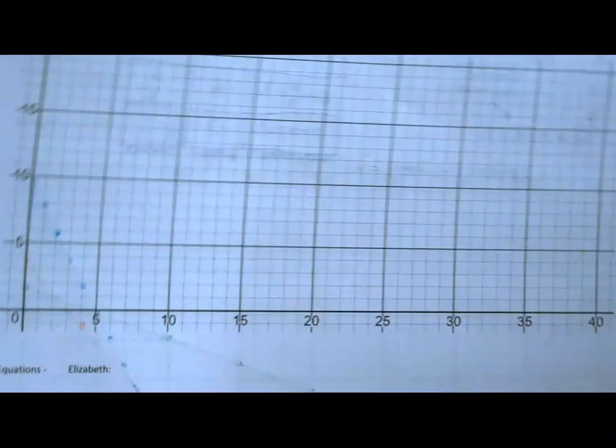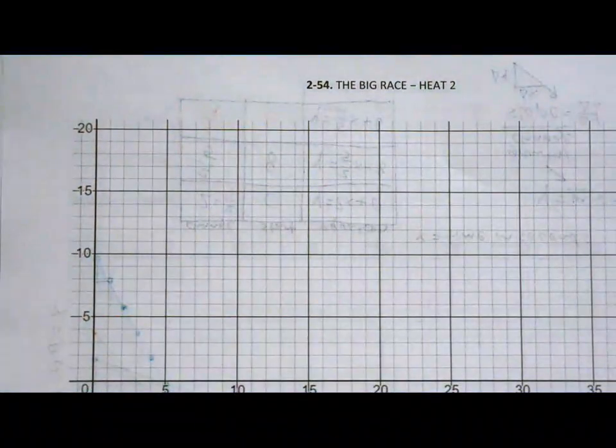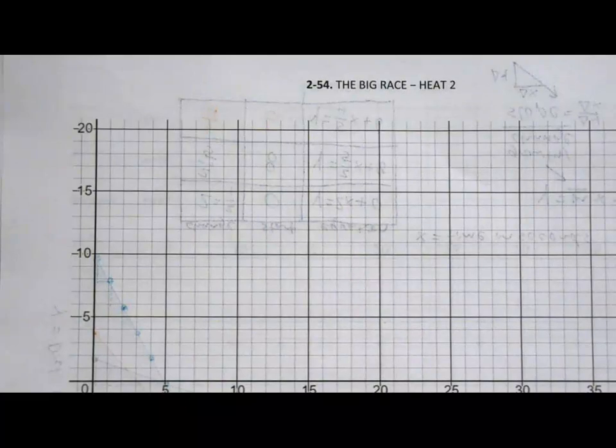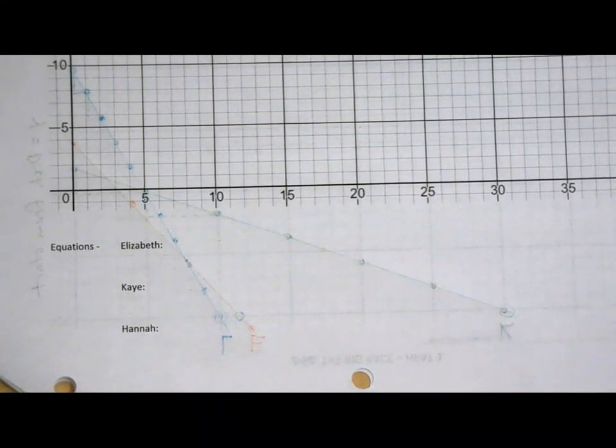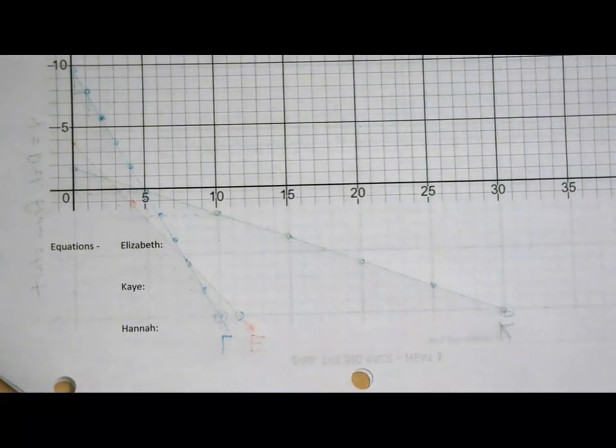All right, turn that Big Race packet over to the second page. It should say Big Race Heat 2 at the top. And down at the bottom, you've got 3 new racers. Elizabeth, Kay, and Hannah have entered the race.